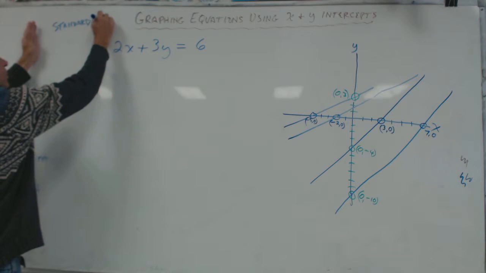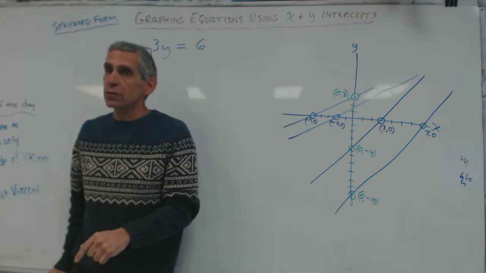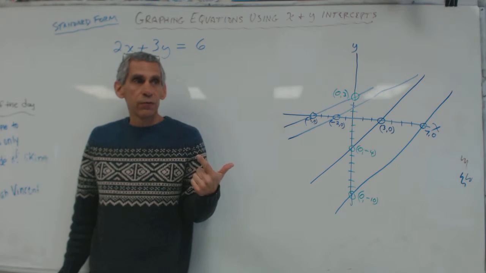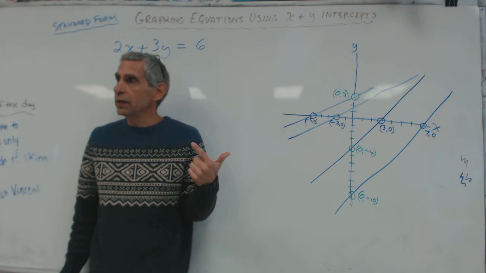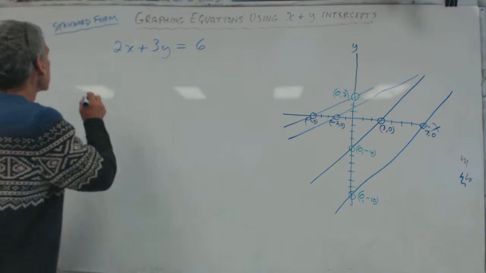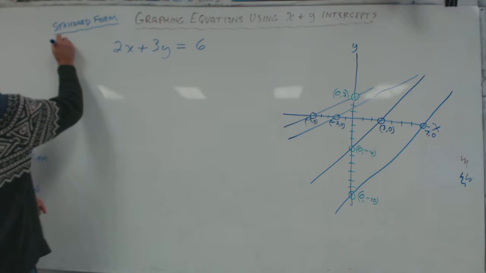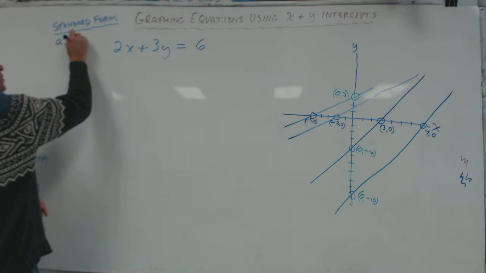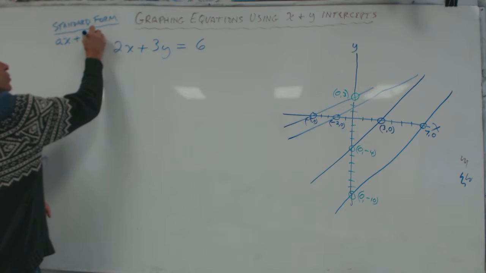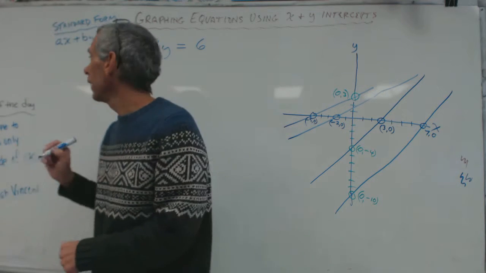So now you know two different forms. Slope-intercept form, which is y equals mx plus b, and now standard form. Instead of y equals mx plus b, it's ax plus by equals c.